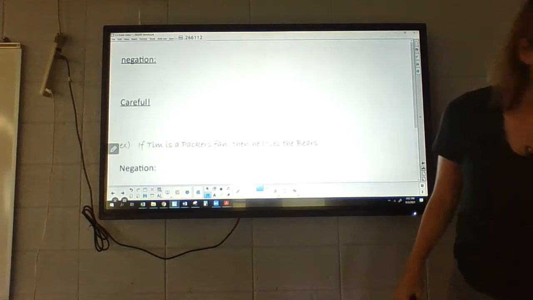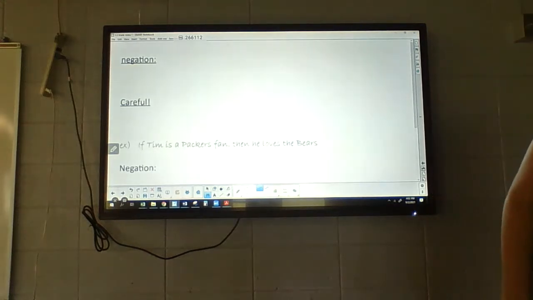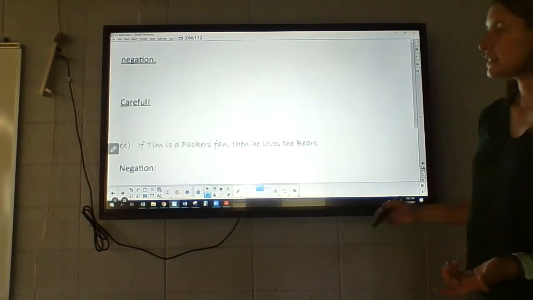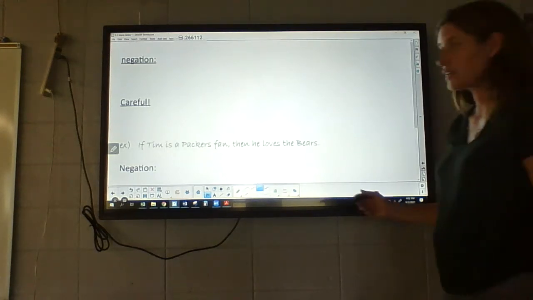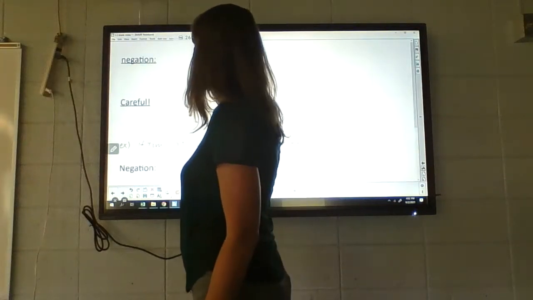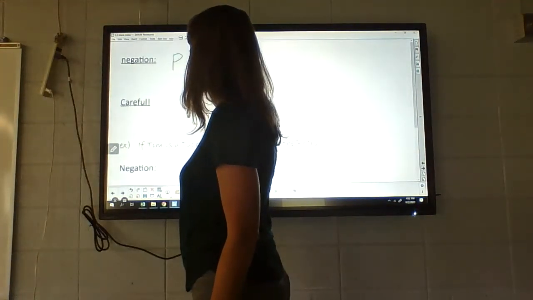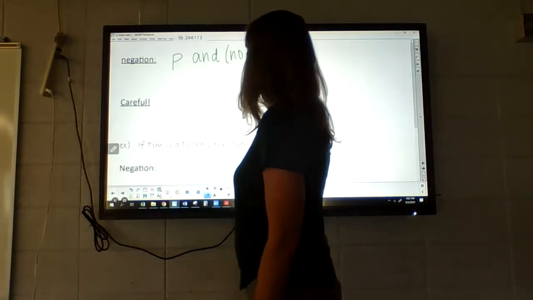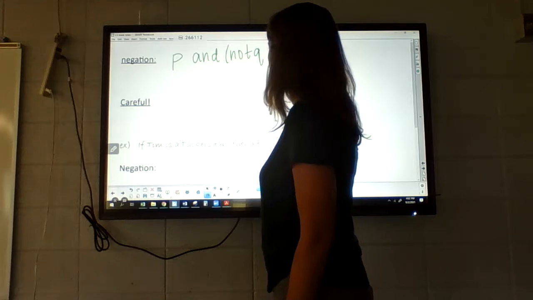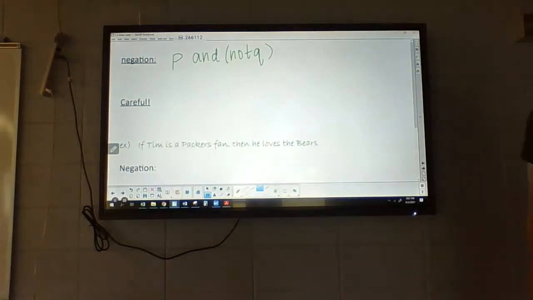All right, so we're going to talk about negations of these if-then statements. To negate an if-then statement, so we have if P then Q, the negation is P and not Q. One of the things I want to be careful about, it's not another conditional statement.